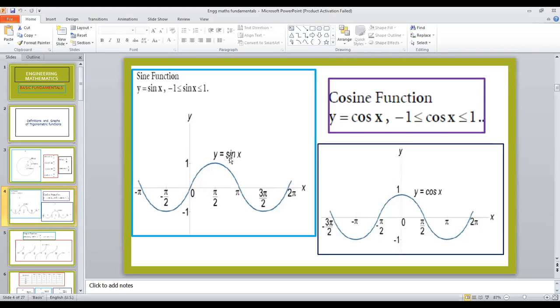Okay, so we get this by substituting values of x from minus pi, then minus pi by 2, 0, pi by 2, then pi, also 3 pi by 2, 2 pi. But in the sinusoid signal, we get the complete cycle, whereas x runs from 0 to 2 pi.